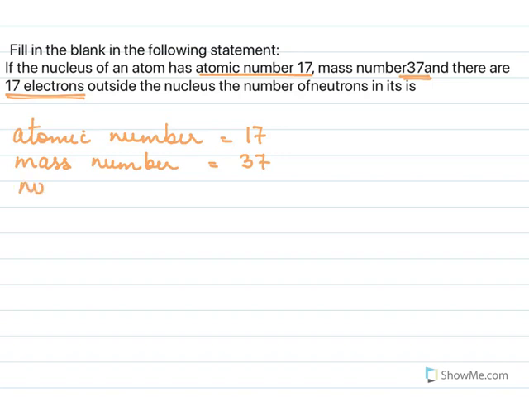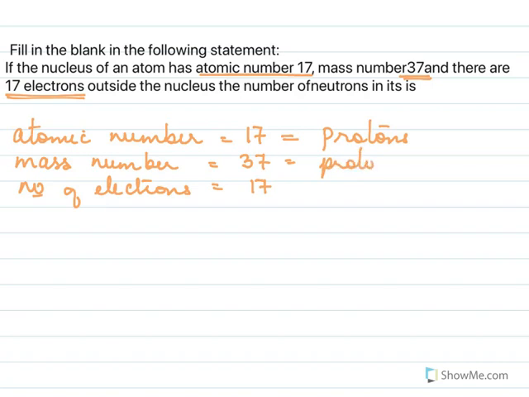So we have number of electrons equal to 17, and that is expected because number of protons equal to number of electrons. Atomic number is number of protons.